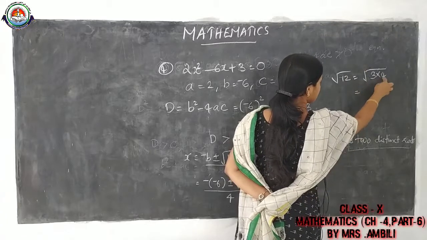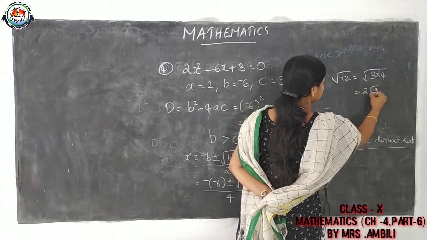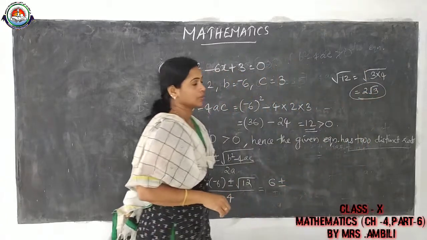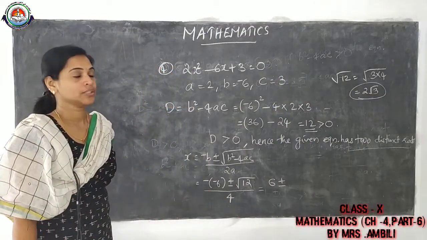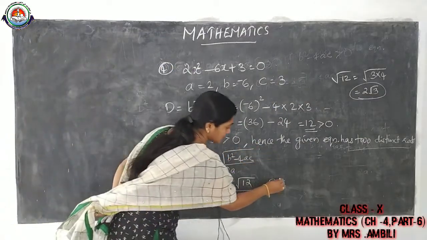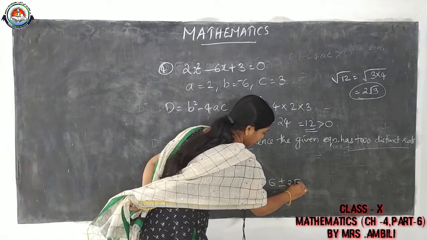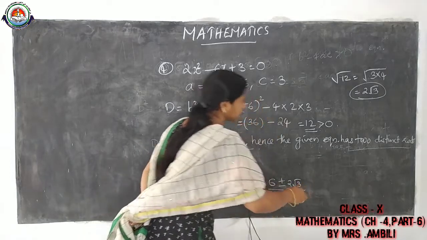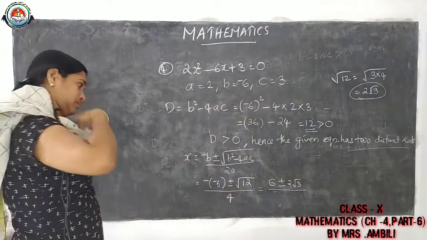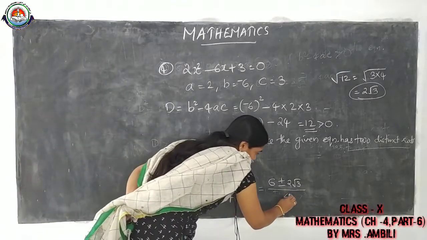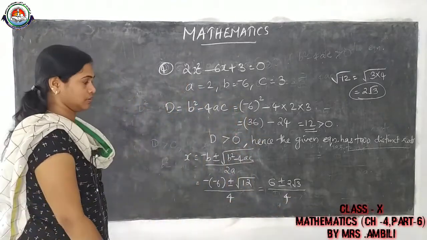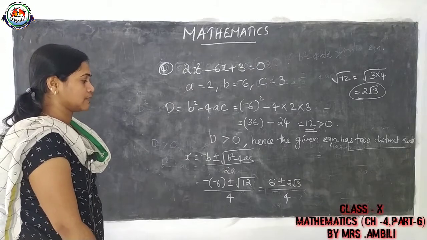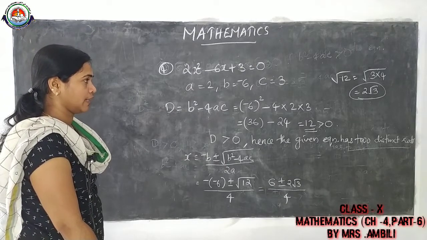So we can write this as 2 root 3. Root 12 you can write as 2 root 3. So 6 plus or minus 2 root 3 divided by 4.